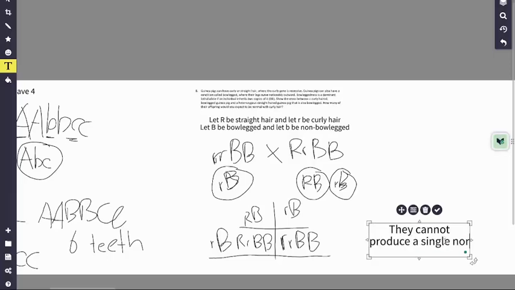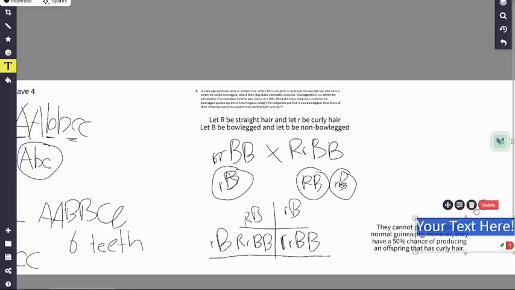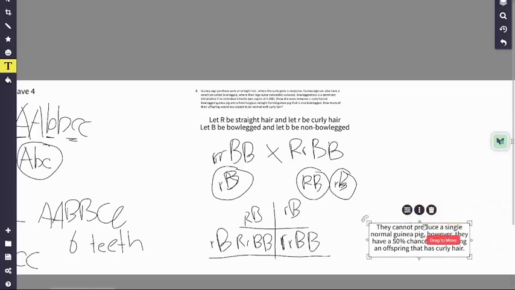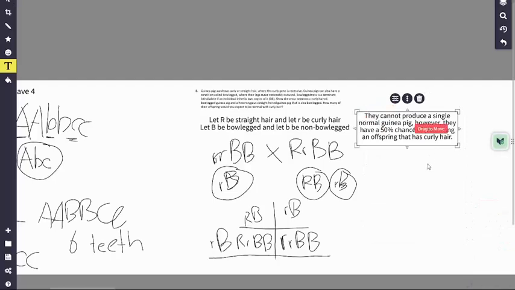However, they have a 50% chance of producing an offspring that has curly hair. So we just did our cross, and always remember, you don't have to always list out the genotype or phenotype ratio. You just gotta answer the question. That's your main point. You always want to answer the question.